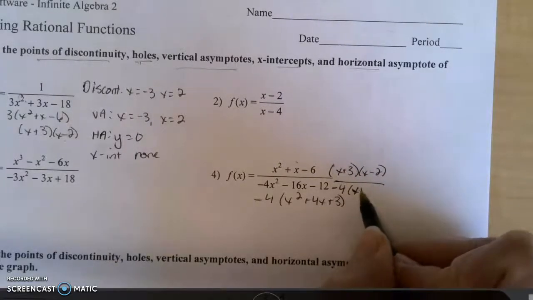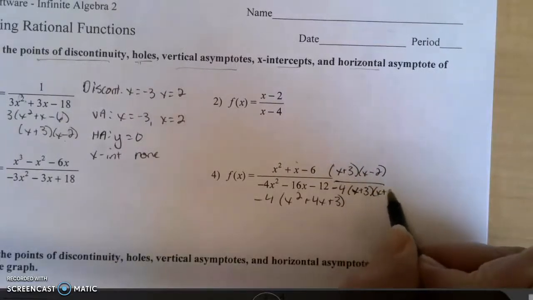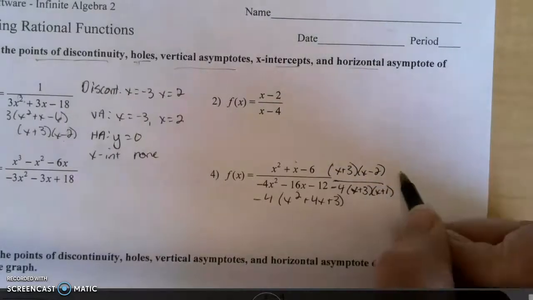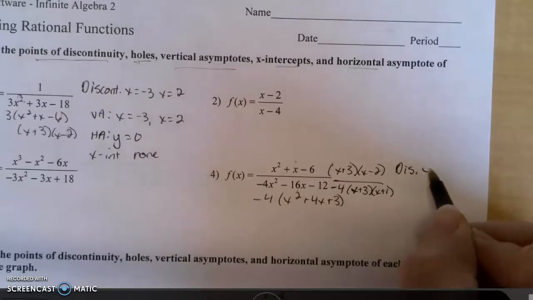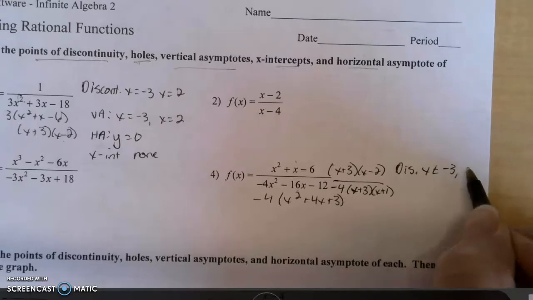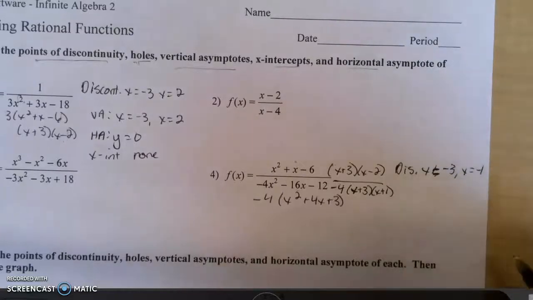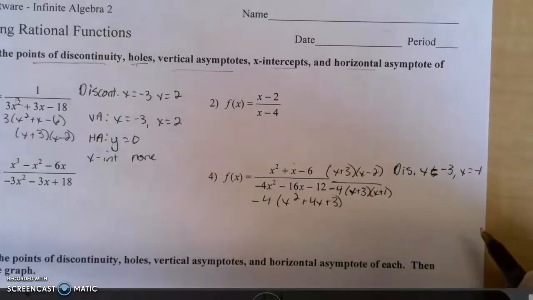I've got x plus 3 and x plus 1. So discontinuity. X cannot equal -3 and x cannot equal -1. Okay, those are my 2 points of discontinuity.